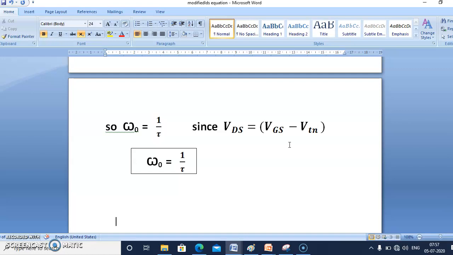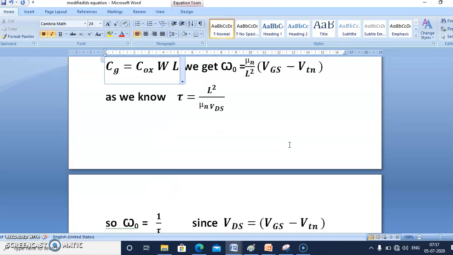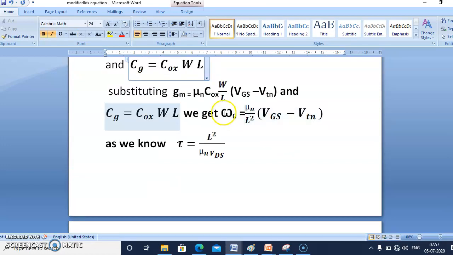This figure of merit also gives some conclusions. If we see this equation, omega naught is equal to mu n by L square into VDS. Then switching speed is dependent on the gate voltage above the threshold, and on the carrier mobility mu n, and it is inversely proportional to the square of the channel length.